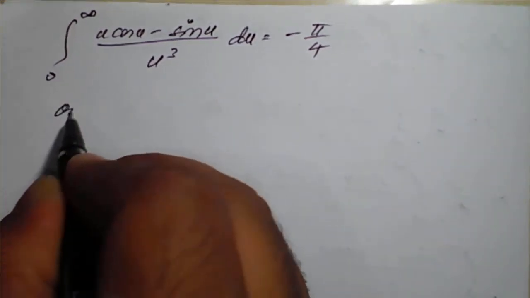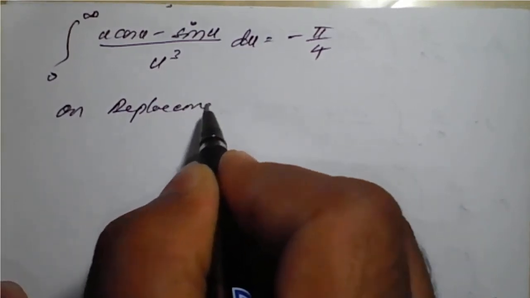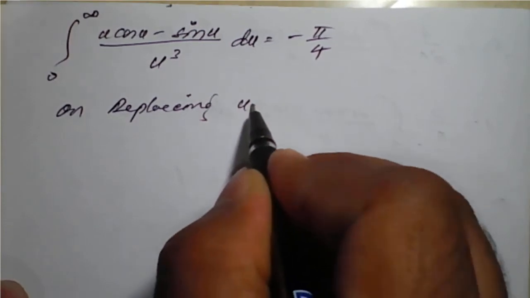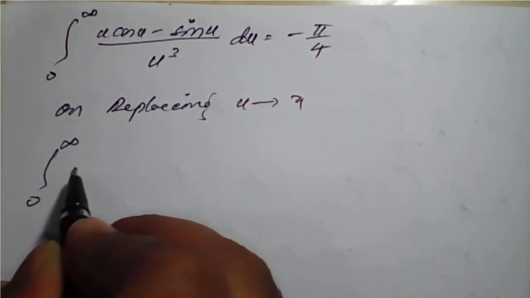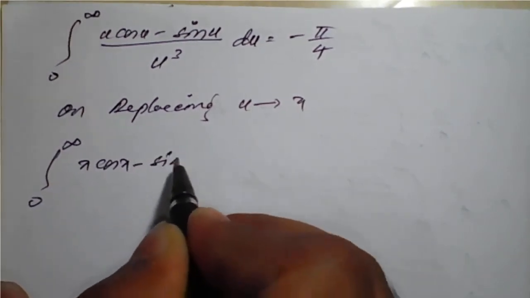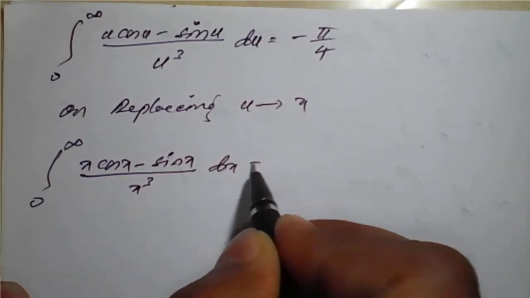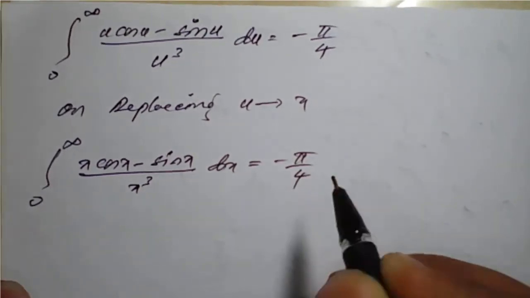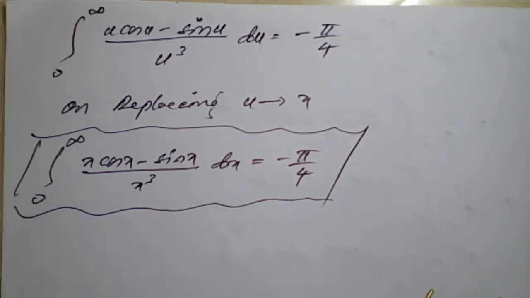So on replacing u by x, because we don't want u, integral 0 to infinity of (x cos x minus sin x) divided by x cube into dx is equal to minus pi by 4. So this is the required result 1.